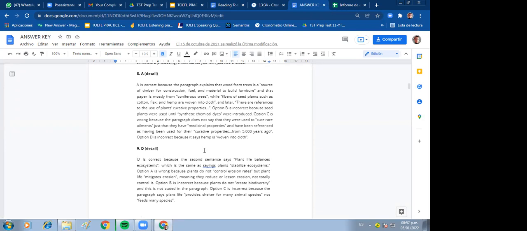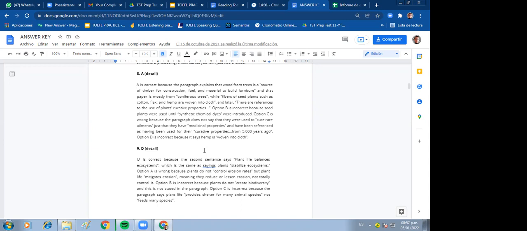Let's see why. A is correct because the paragraph explains that wood from trees is a source of timber for constructions, fuel, and material to build furniture. And that paper is mostly from coniferous trees, while fibers of seed plants such as cotton, flax, and hemp are woven into cloth. And later, there are references to the use of plants' curative properties, okay?